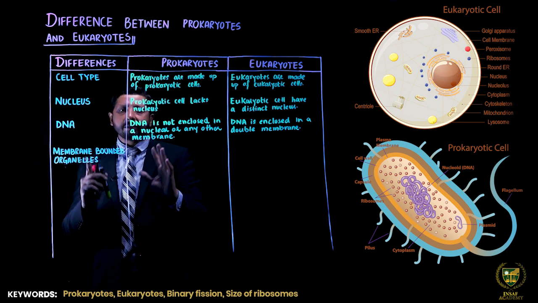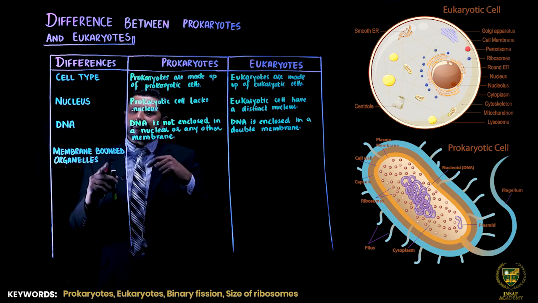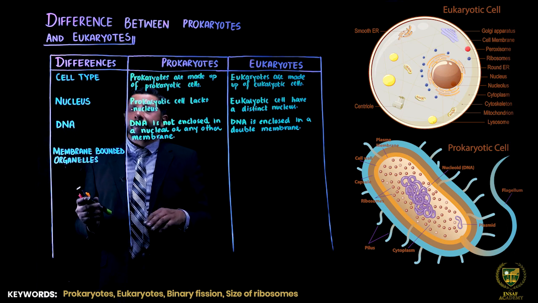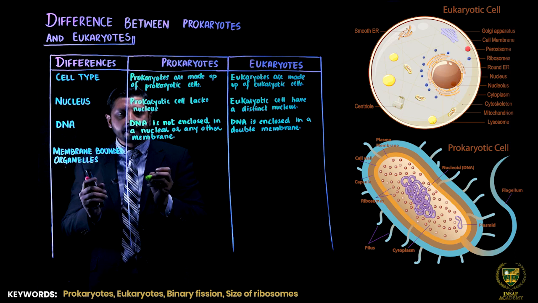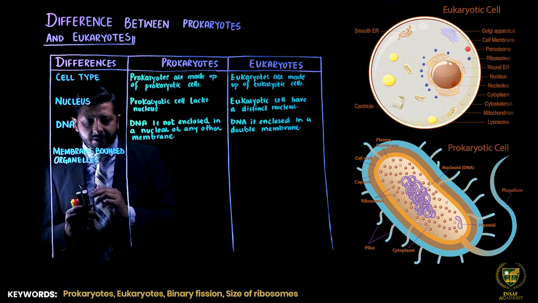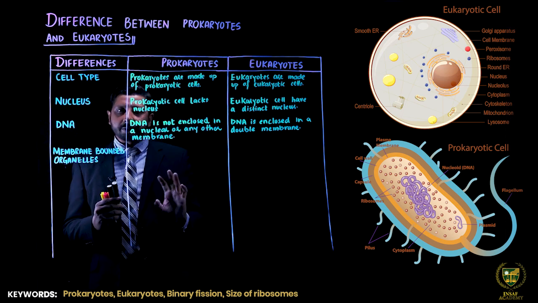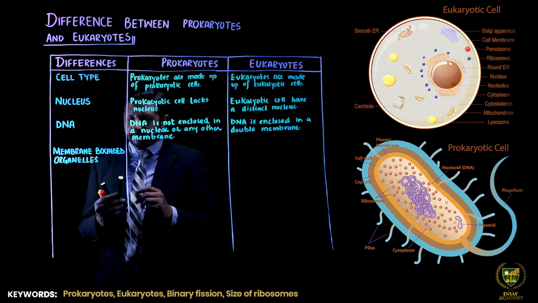I'm talking about the membranes, not the outer covering, but the inner membranes which are present around the organelles. Clear? The membranes which are covering the organelles. So the major difference of membrane, it is formed over the DNA, which is the most important structure in their cell.